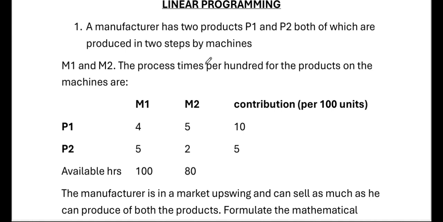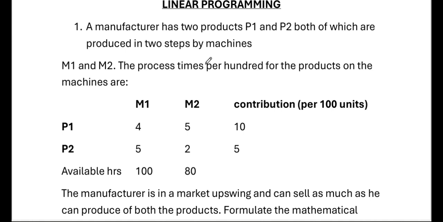So what are constraints? A constraint is something that is limiting you to do something. We would want to produce all the products P1 and P2 in the world so that we can sell, but we are constrained by different things. One, we are constrained by time. So we are limited by time. That means we have 24 hours, but we can't work a whole 24 hours. We can't work 7 days a week.